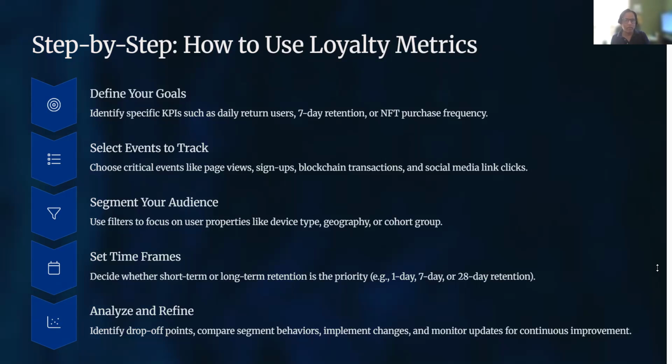You need to make sure that you are tracking the events for your goals. It could be social media posting, or it could be clicking the purchase button to buy an NFT. It could be anything. So you need to collect those and then segment the audience based on your goals and then the events, and then set a time frame. It could be 1 day, 7 days, 1 month, whatever may be the time frame.